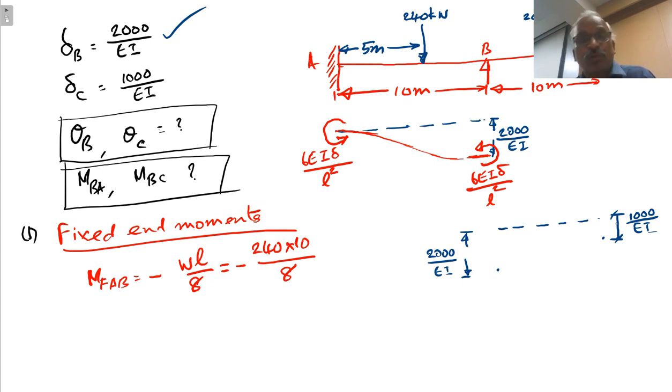Again, when you consider only settlement, this will be horizontal for some distance, then it will start sloping, and again it will be horizontal because the curve is not smooth. So that is 1000 by EI.